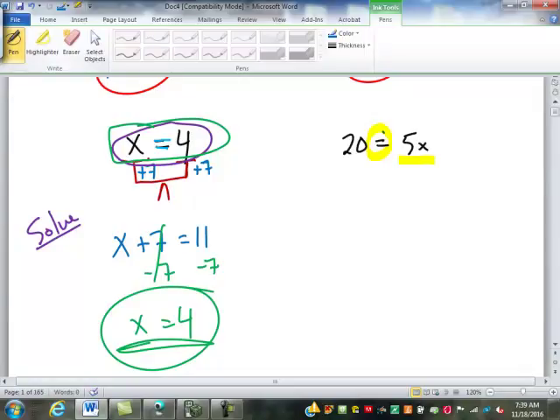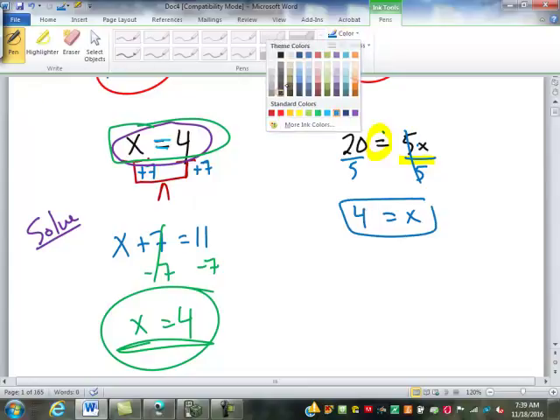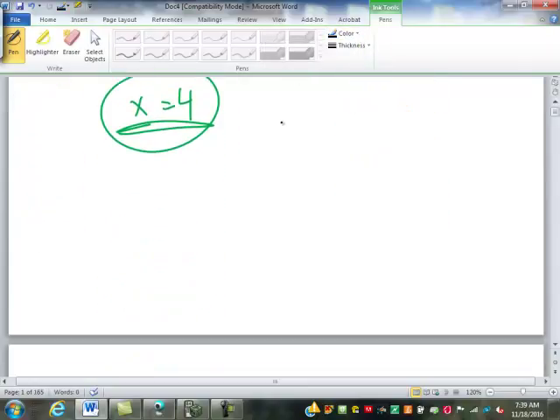Right now it's the 5. What operation was used to attach the 5 to the x? It was multiplied. So to take it apart, we're going to divide. Divide by 5, that's gone, we have x there. Divide by 5 over here, 20 divided by 5 is 4. So x equals 4.